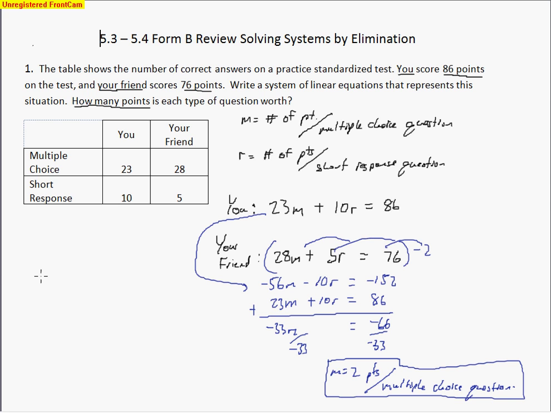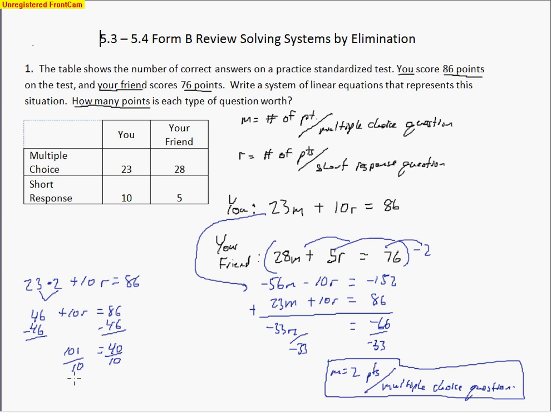So I'm going to take 23, multiply it by 2, plus 10R equals 86. When I double 23, that gives me 46. Then I subtract that 46 from my total, and that gives me 40. So I know I got 40 points from the short response.